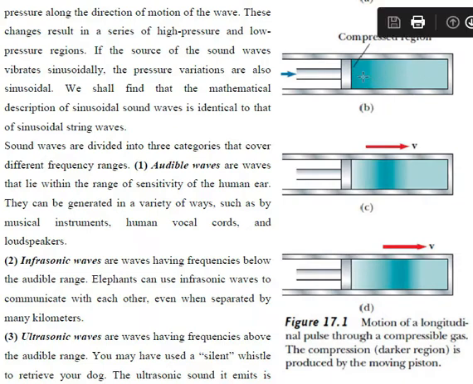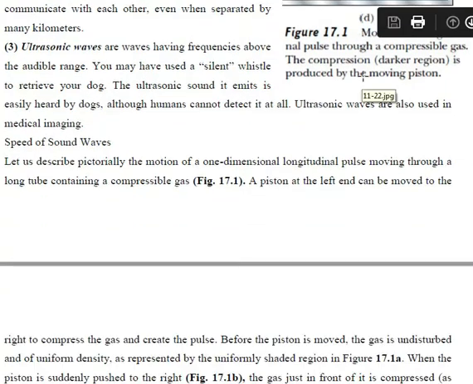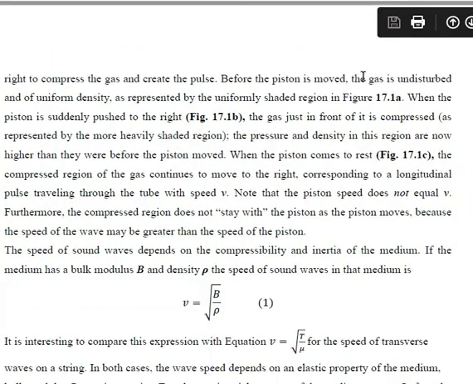Now we describe the motion of this pulse. This pulse will move to the right with the speed of sound, and the speed of the compression towards the right will not be equal to the speed of the piston at which it was pushed.